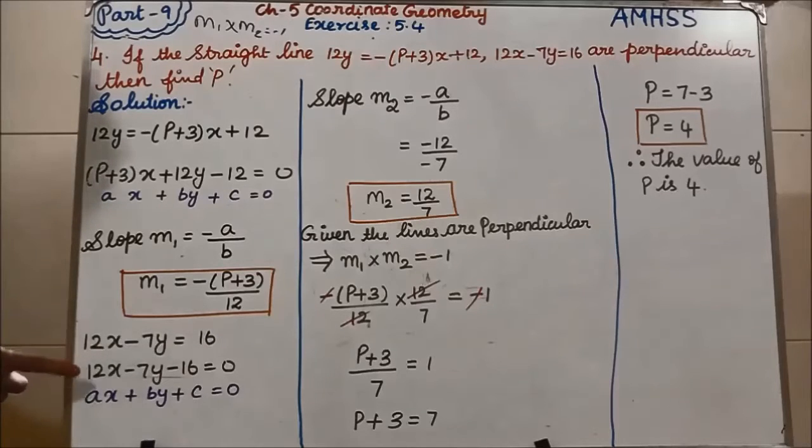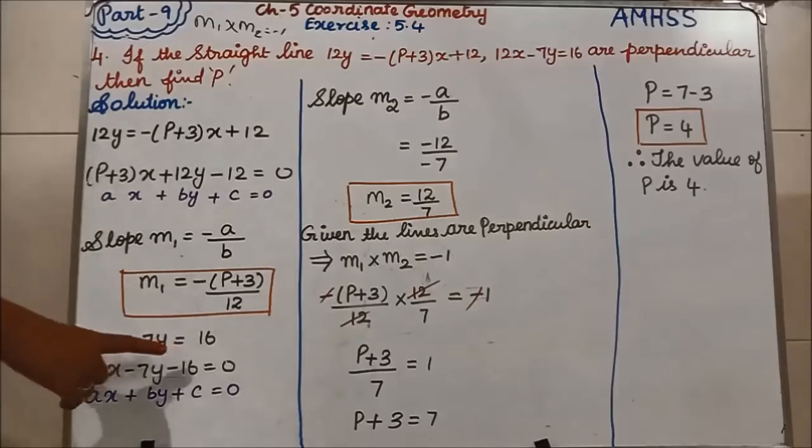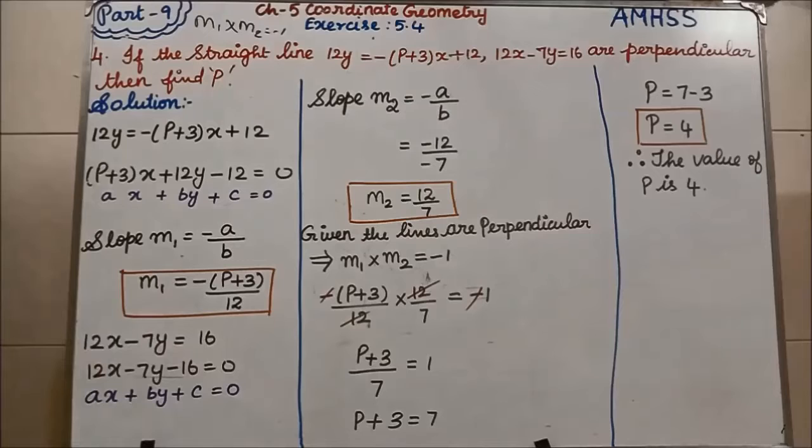A is 12, B is minus 7, C is minus 16. Again, the slope formula is minus a by b. A value is 12, b value is minus 7, so minus minus will get cancelled. We will get m2 equal to 12 by 7.